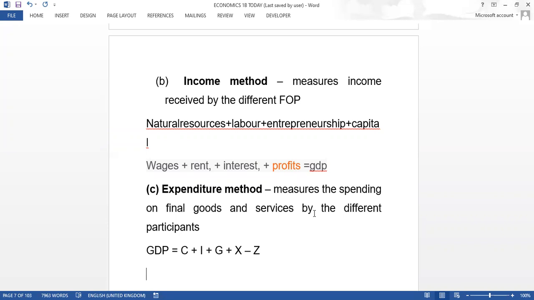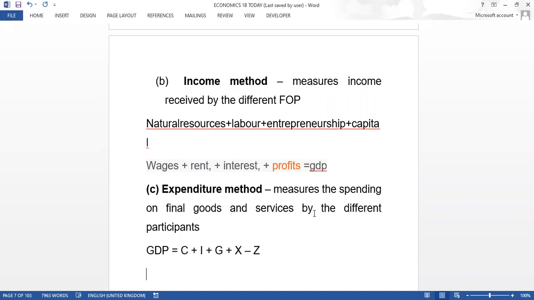So we look at how much households have spent acquiring goods and services, how much firms have spent investing in their capital, and how much the government spends in acquiring factors of production and providing public goods and services like healthcare. We aggregate all of these elements to get the value of gross domestic product.